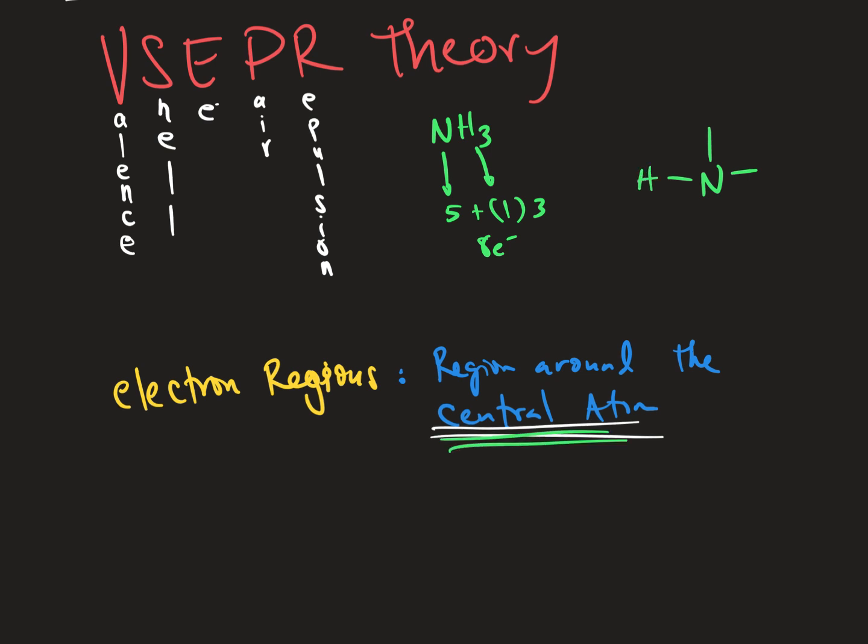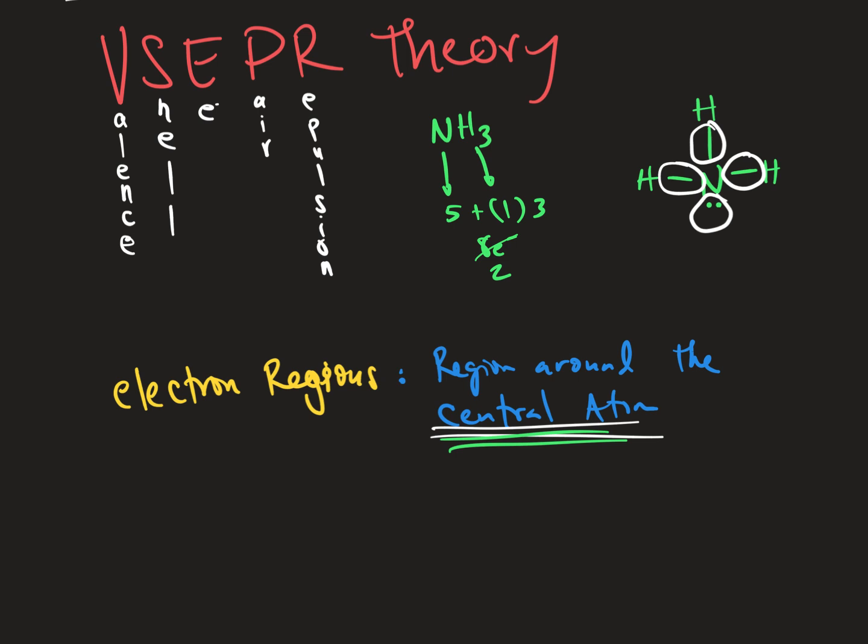So we have H here. 2, 4, 6. We have 2 more. Goes around the nitrogen. Are we good? All right. So let's count the electron regions around this compound. Any ideas? 1 region, 2, 3, 4.